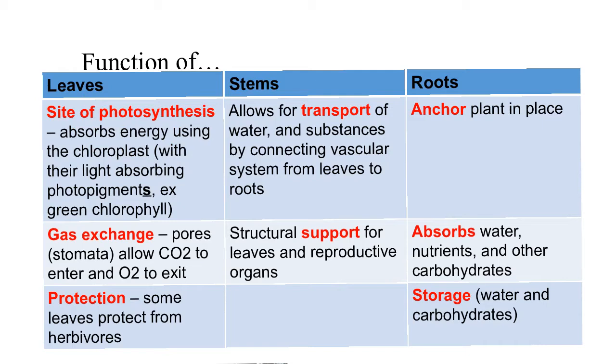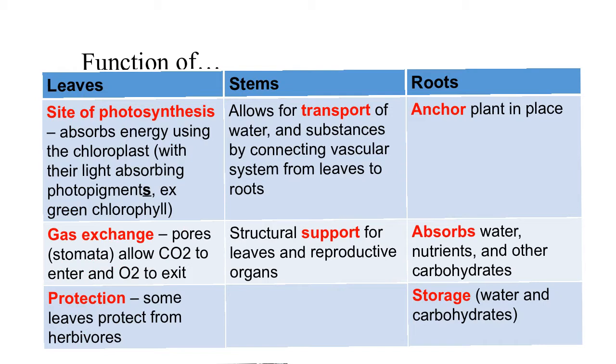So that's where it is going to be absorbing the energy from the sun, taking in carbon dioxide, and releasing oxygen. So as a result of this function of photosynthesis, it also needs to be able to allow for gas exchange, which means there needs to be some sort of hole in order to let gases come in and out. Leaves can also act as protection. Now, not all leaves will be acting as protection, but ones that maybe produce toxins or gross tasting substances, as well as specialized leaves, which we'll get into later, can help protect the plant.